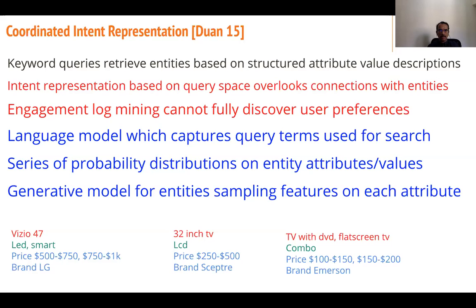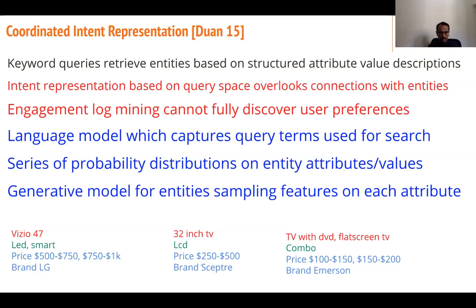That's where this current paper makes a contribution in terms of a language model which captures query terms used for search, a series of probability distributions on entity attributes and values, a generative model for entities, sampling features on each attribute. It's thus better to leverage entity structure to infer what users actually look for in the target space directly, rather than just superficially understanding semantic meanings of queries as in past approaches.